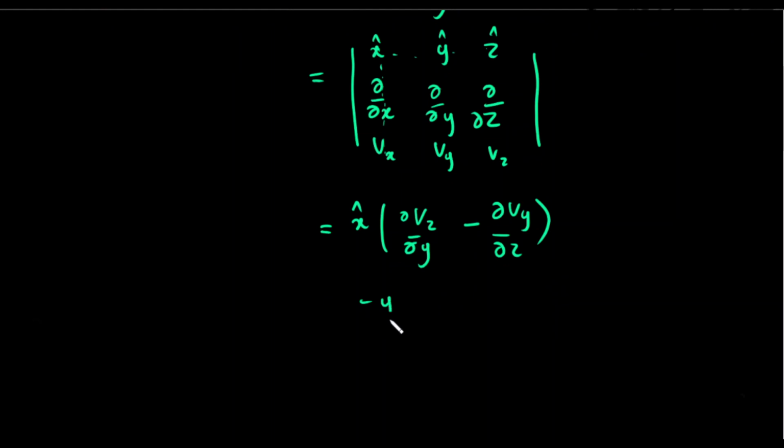Likewise you have minus y hat, because I have told you that when we have a 3 by 3 matrix, you have to use this pattern, plus minus plus. So this is minus y hat. You forget this column and this row. You have four elements: del x, del z and Vx, Vz. Now I'm going to write the expression. I hope you can simplify these steps.